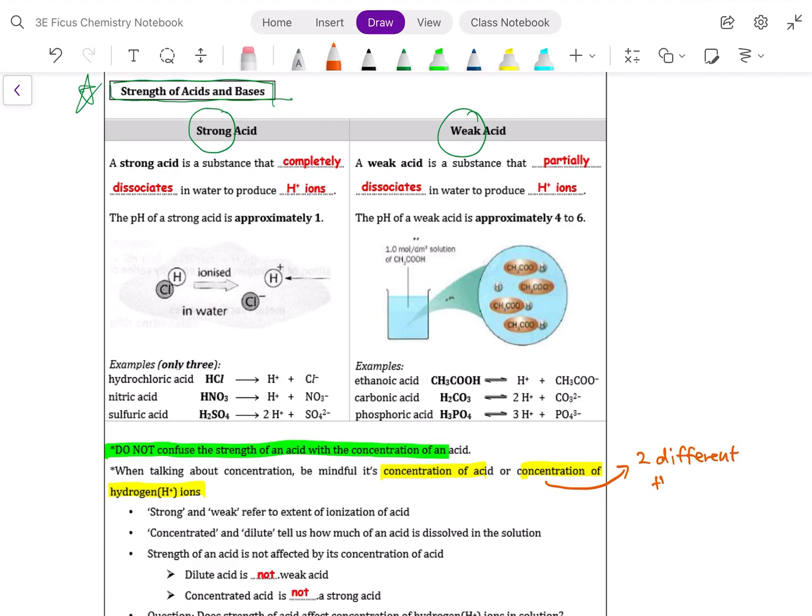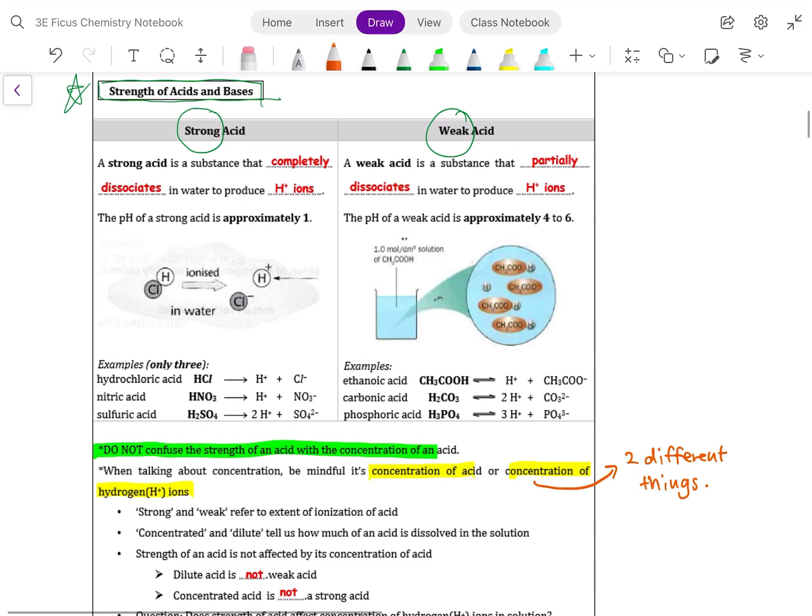What do I mean by that? Let's tie that together with the definition of a strong acid as well as a weak acid. A strong acid is one that completely dissociates in water to produce H plus ions. Usually it will result in a high concentration of H plus ions.